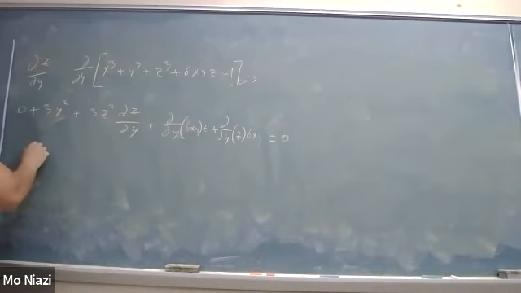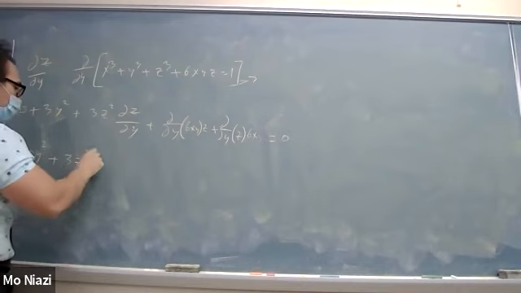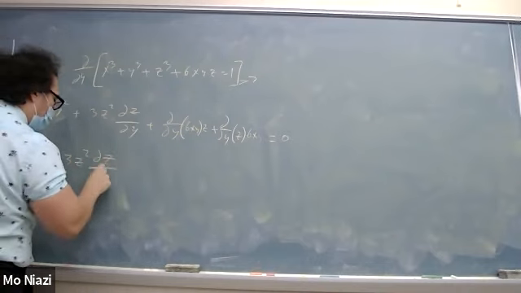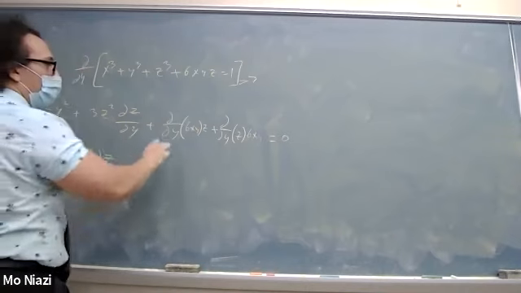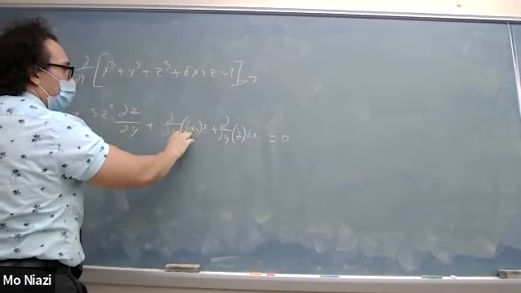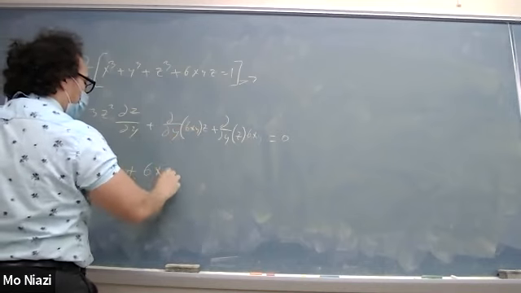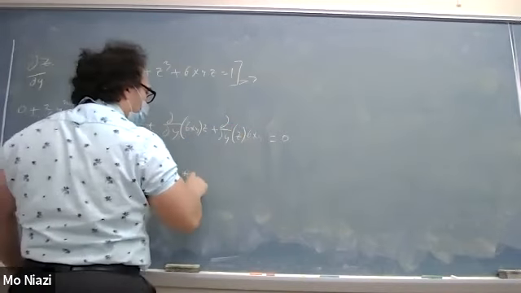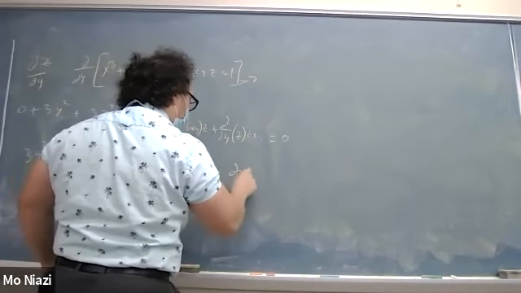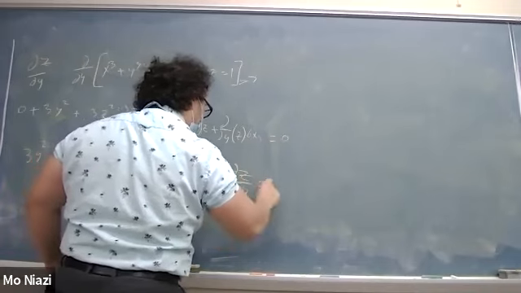So this becomes a 3y squared plus 3z squared partial z partial y plus, this thing just thinks this becomes a 6x times z. And this thing thinks, oh, this becomes a 6xy partial z partial y.